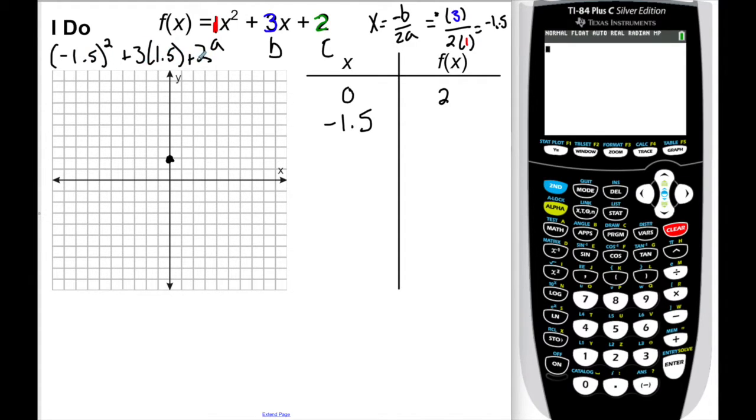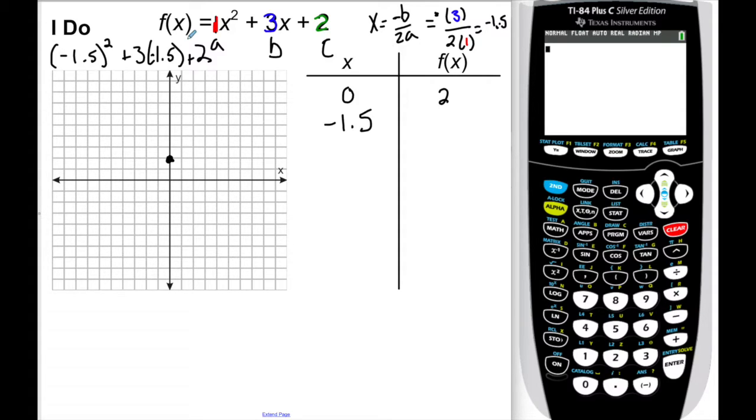That is how I'd plug it in. So the PEMDAS would be square it, multiply, add. Your calculator knows how to do that, but you have to feed your calculator the information so it can get the right answer.